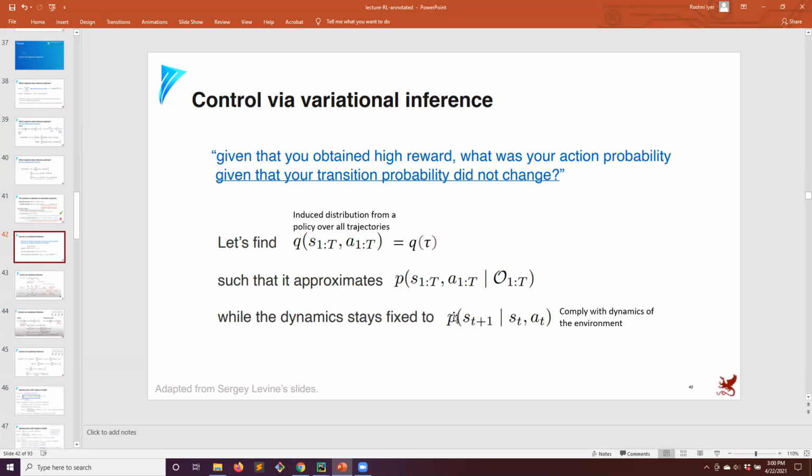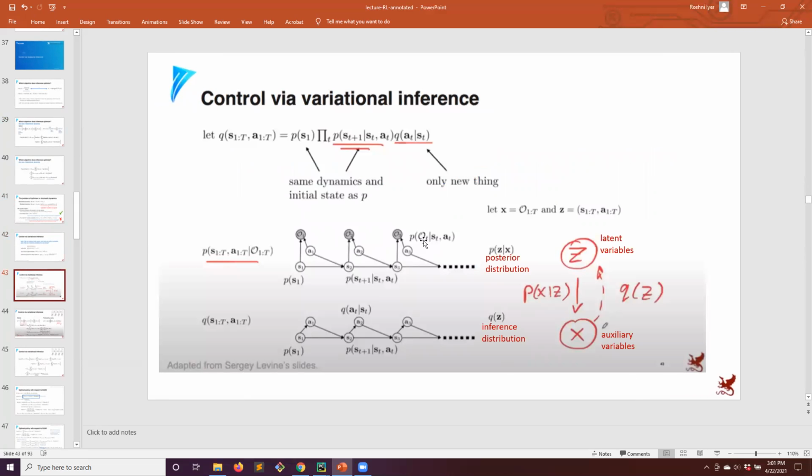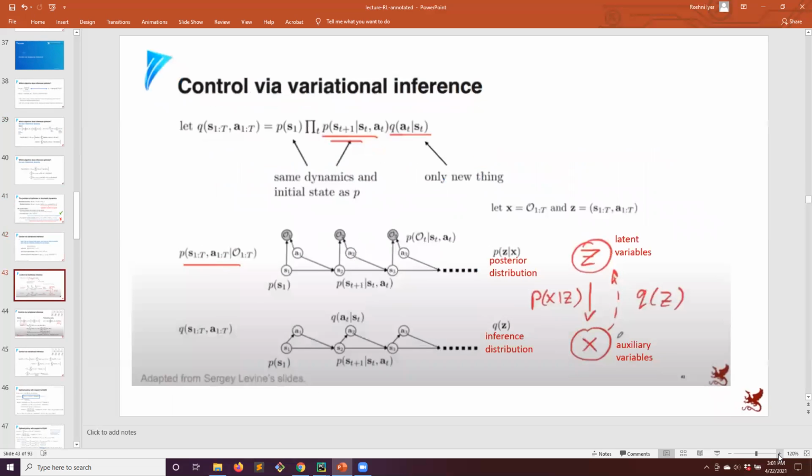So instead of being q of s t plus 1, the next state given the current state and action, we actually fix this to be p. Apologies for being a little bit blurry.